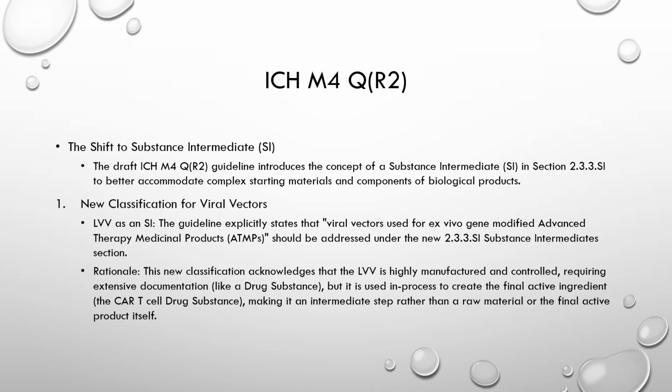Well, you can't make it the final active substance. Well, you could if it was going to go in vivo, but it isn't. This is an ex vivo transduction of cells to make genetically modified cells.